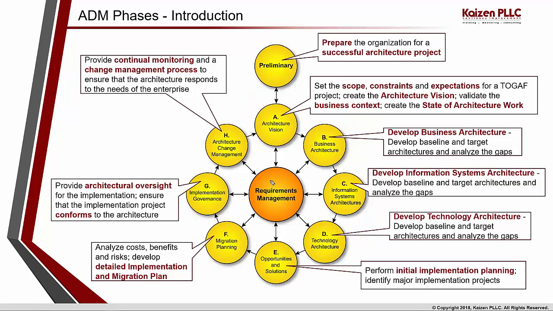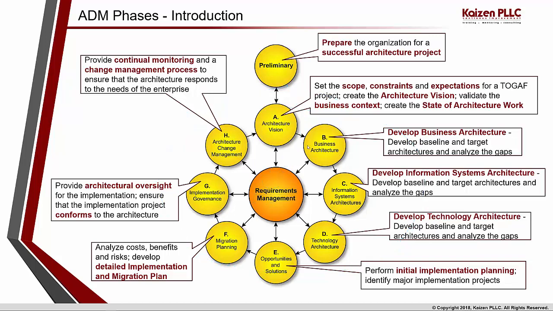Okay, and finally requirements management. This requirements management is activated, is involved from the beginning, and not only for this particular iteration, it is active and gets involved in all the architecture projects.